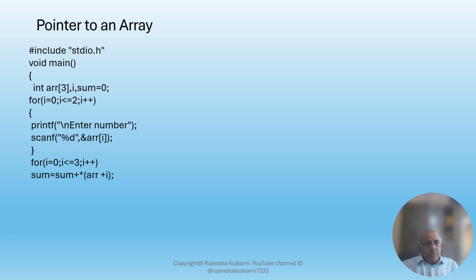For i equal to 0, i less than or equal to 3, sorry, it should be 2, 3 is wrong, i++, sum is equal to sum plus the indirection operator star into the bracket, name of the array arr plus i.